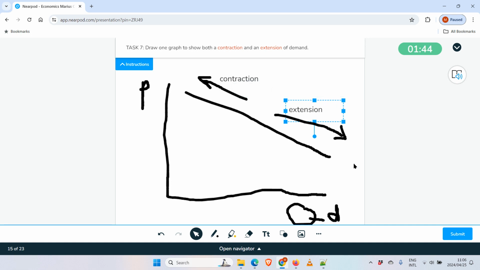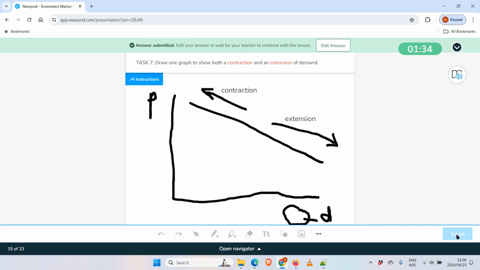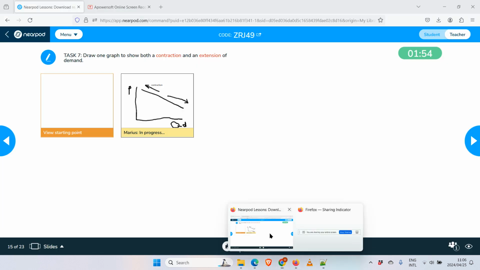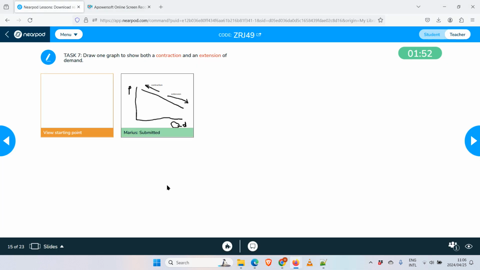Okay, so this may be what students may be able to do within this limited time frame. They'll submit their answer. Okay, then again the teacher will see that a student has entered an answer.